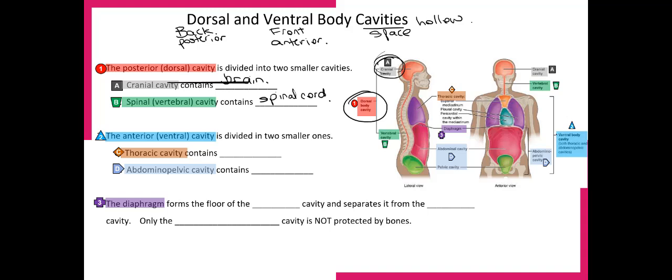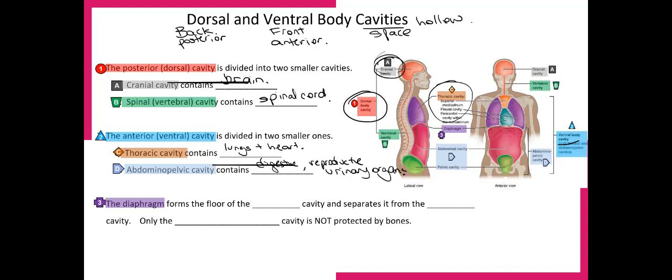The cavity in the front is called the ventral or anterior cavity. Again, it's divided into two smaller cavities. The first cavity is the one on top. It's called the thoracic cavity, and that contains the lungs and heart. And the bottom cavity is the abdominal pelvic cavity and contains digestive, reproductive, and urinary organs.